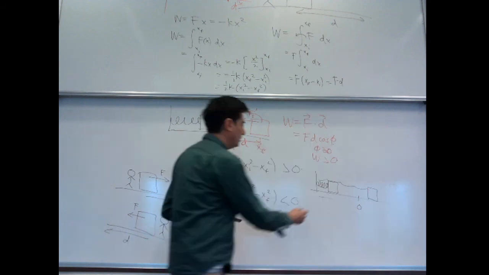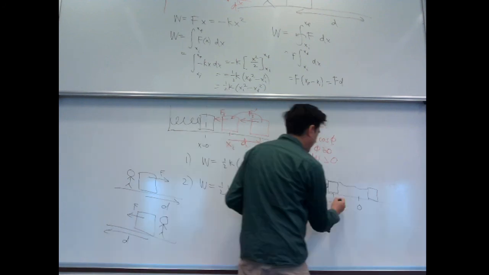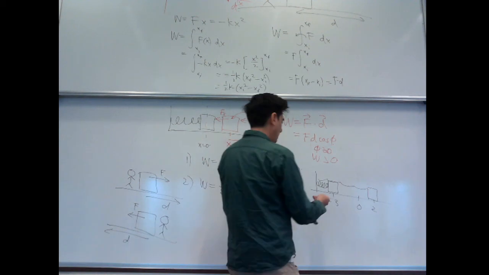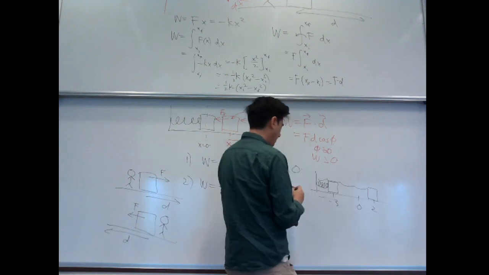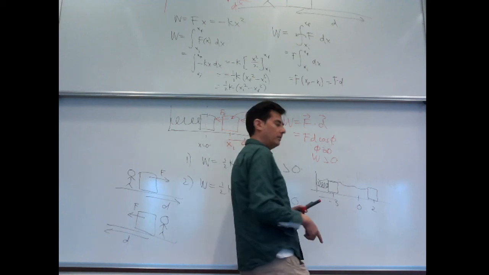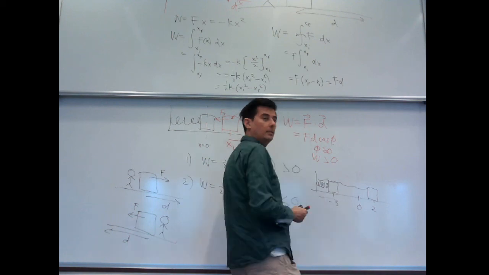So this is -3, 2. What we're trying to do here is to work out what the total work is. So in this situation, which way is the force actually? It's actually compressed the spring here, right? So to the left or the right?